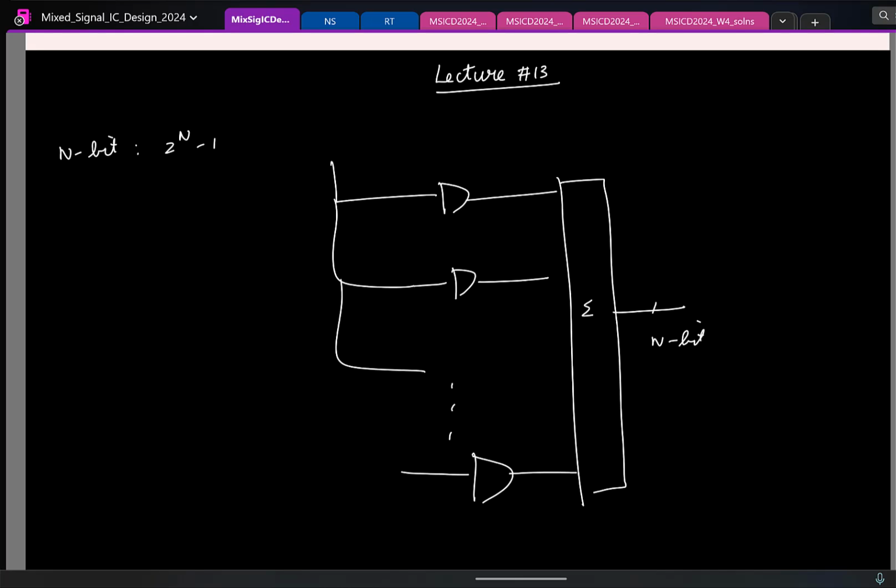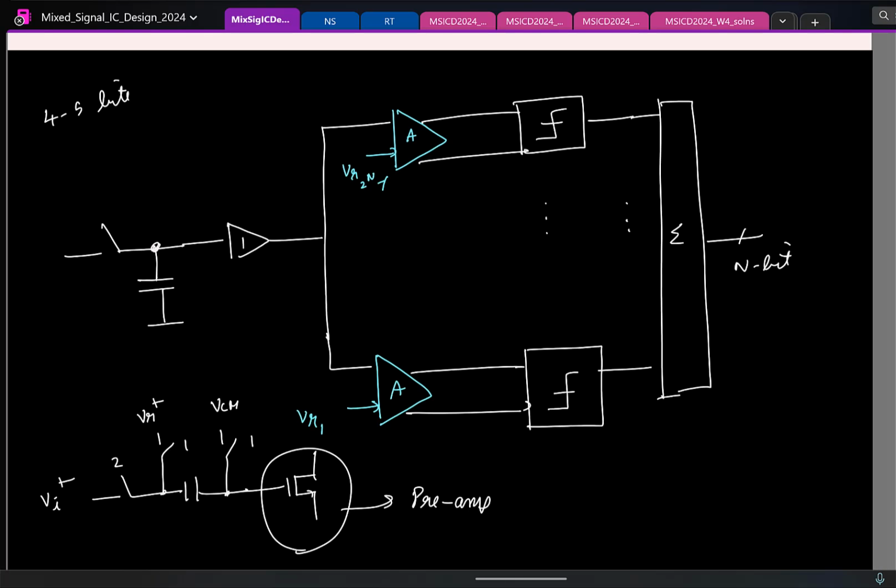In that quest we'll come up with new techniques, new architectures and so on. But before abandoning Flash and trying a new architecture, let's see if we can do something better. Let us see if I can increase the resolution of a Flash without having to double everything I need. That will be the first thing we'll try to do today.